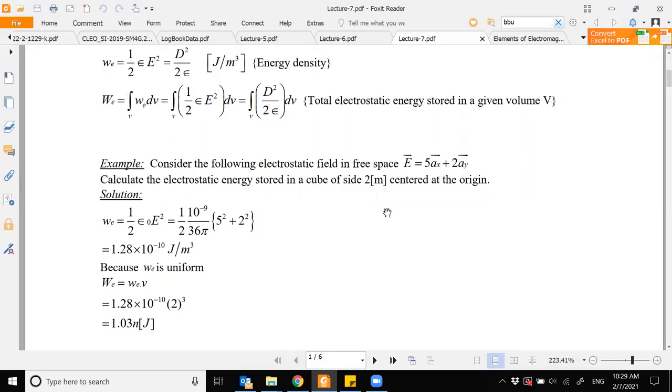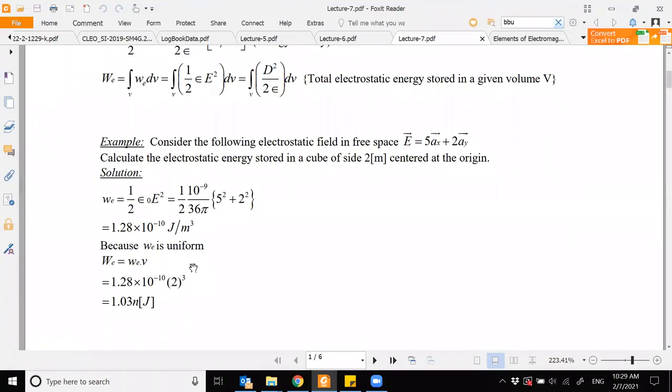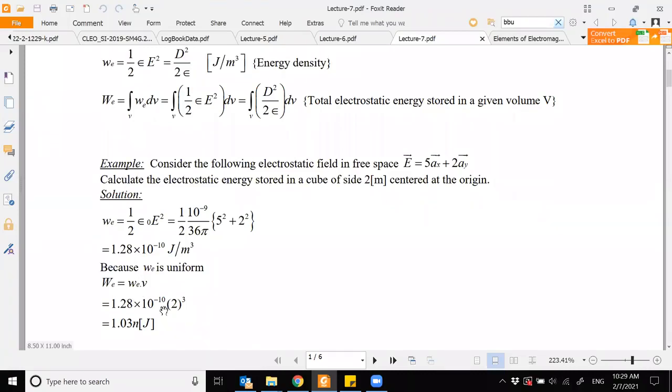And what is the volume of this cube of side 2 meters? The volume is side cube. We know it. This integral of dV over V will become the volume, which is nothing but side cube. And again, I'm emphasizing here, this was only possible because my energy density was uniform. It's a constant.